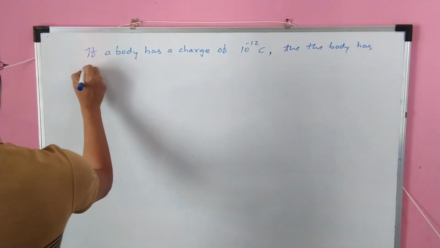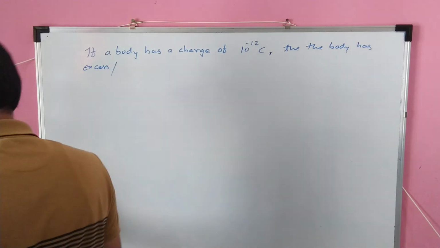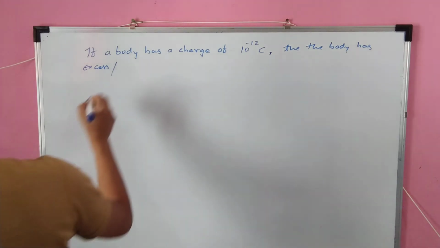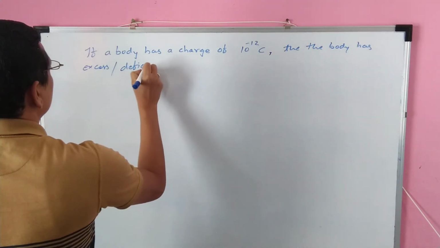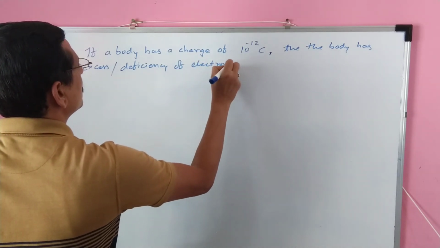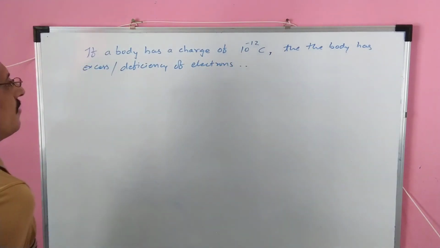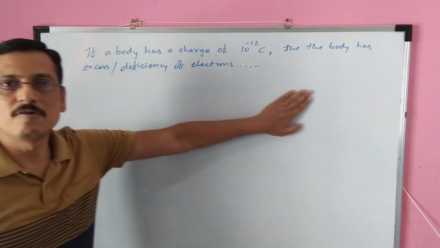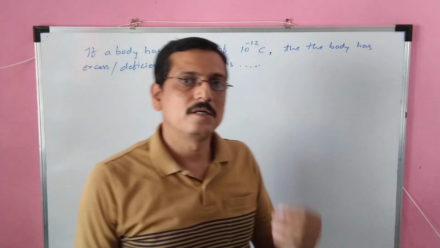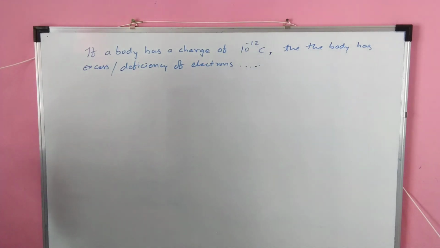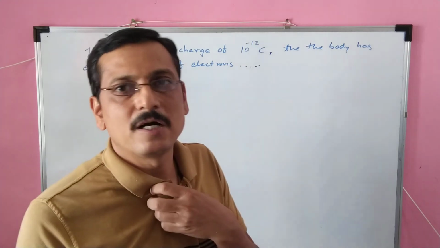You have to tell whether it is excess or deficiency of electrons, and what that value is. They have given 4 options; in some they are saying excess, in some deficiency, and values have been given. So let's solve and find out, student. The answer will definitely be among the options.